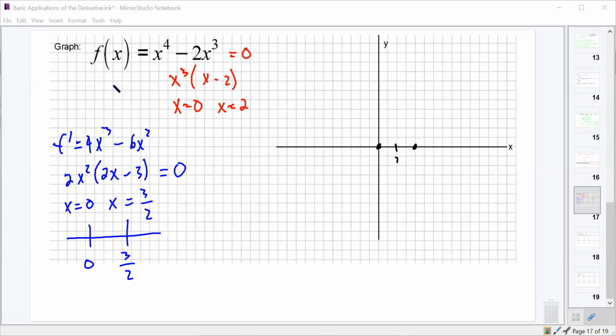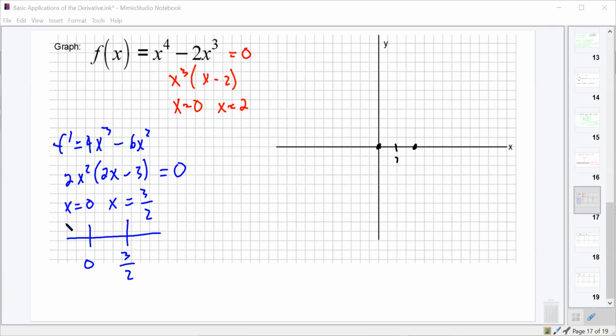Sorry about that. So if we plug in something less than 0, like a negative number, we got a positive and we got a negative.